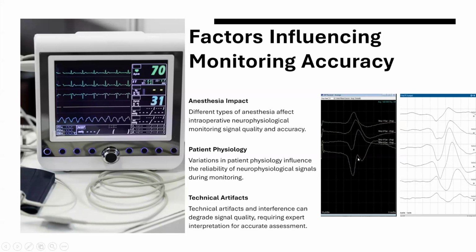For whatever reason, this is presenting like a motor, but it's not. It's not the motor area, and the reason for that is the latency is not correct. There are a number of issues. I don't want to get into too much of the weeds here, but basically there are issues that make this an artifact and not real. And you need a trained eye to see that, because this looks quickly like this is motor area, and that would give the surgeon false information and would not be good.